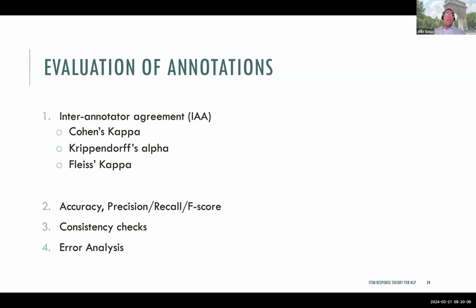Okay. So moving on to annotations. Oftentimes when we try to evaluate annotations, probably the most common method is looking at annotator agreement, also known as rater reliability. There are methods that already exist, like Cohen's kappa, Krippendorff's alpha, or Fleiss' kappa. There's actually a whole bunch of annotator agreement metrics.